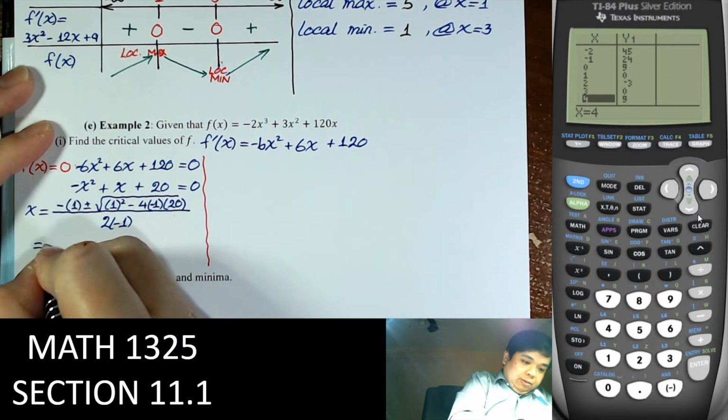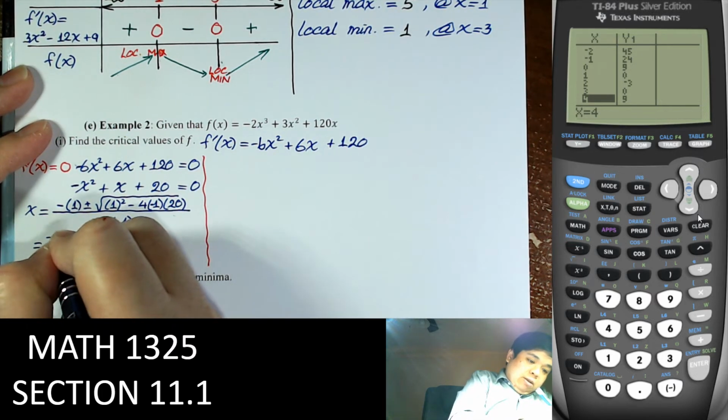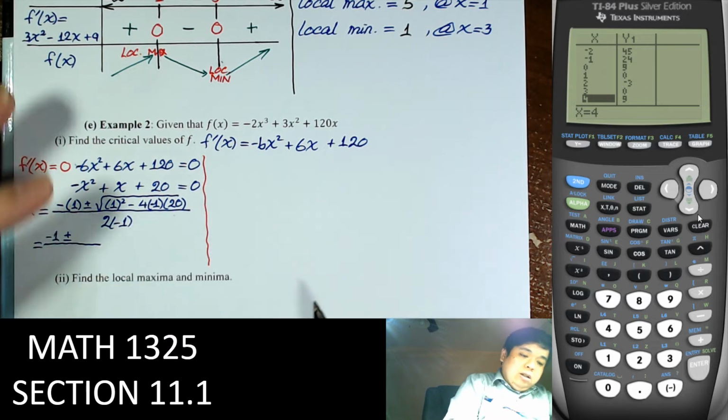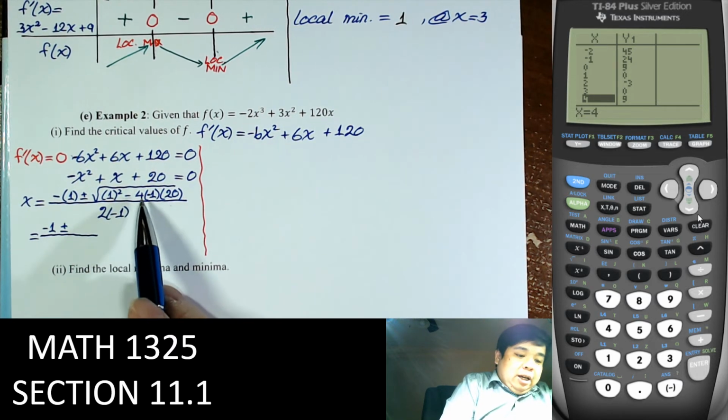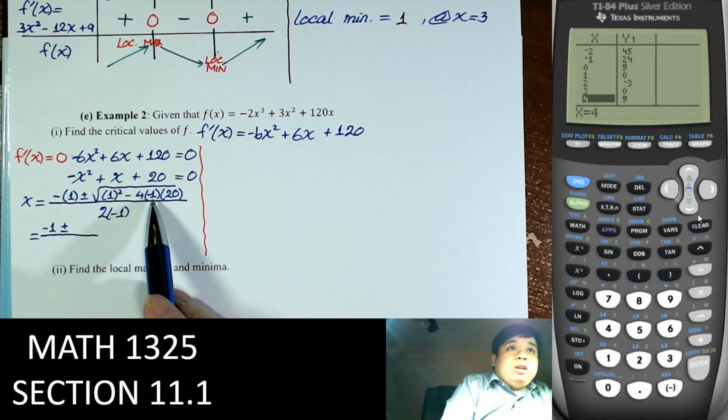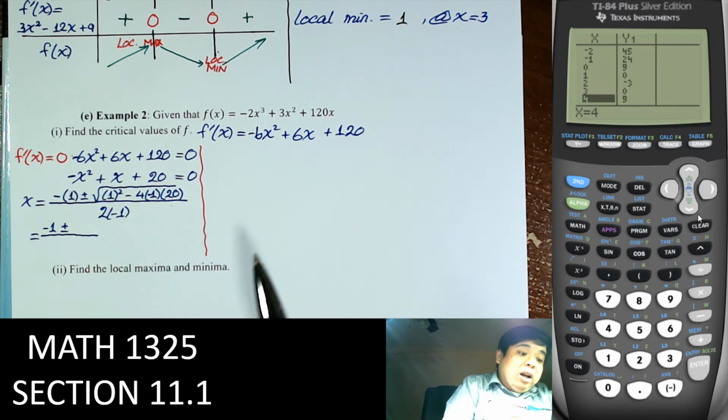Of course, did I forget something? The negative, right? So that gives us negative 1 plus or minus the square root of 1 squared, which is 1, and negative 4 times negative 1 times 20 is 80, and 1 plus 80 is 81.